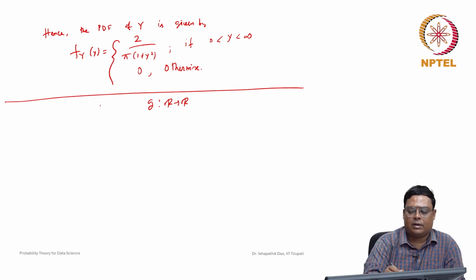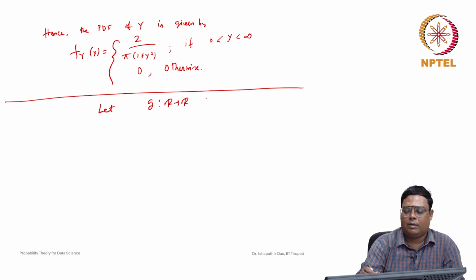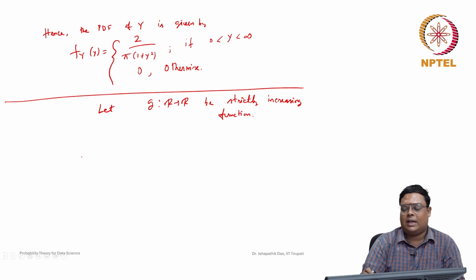So let g from R to R be a strictly increasing function. For a decreasing function it is done similarly.